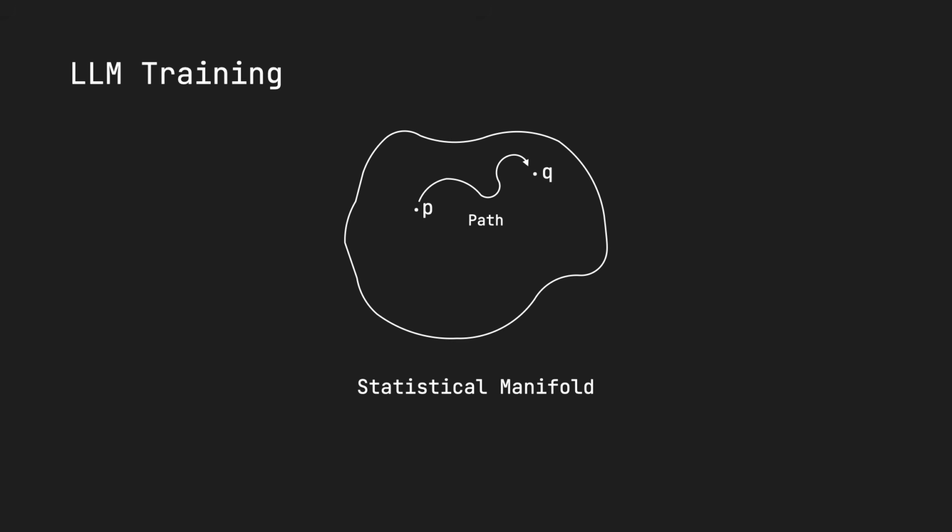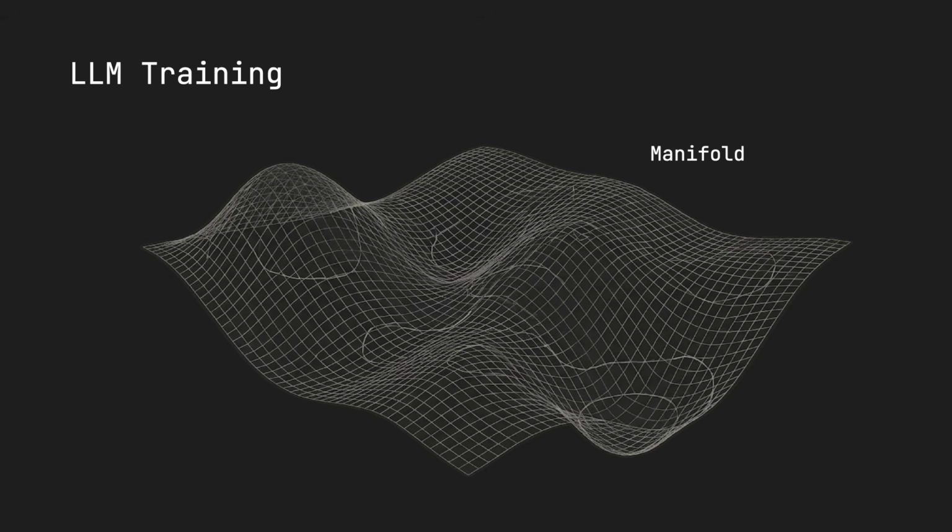So the question becomes, is this manifold flat? Is it curved? And that's where things get interesting. When you look at LLM training, the manifold itself is very much curved. There are hills and valleys, and how you navigate these hills and valleys tells you what's happening to the parameters.